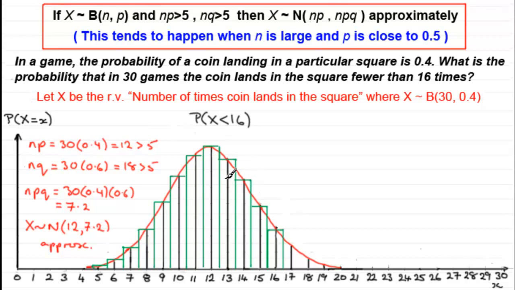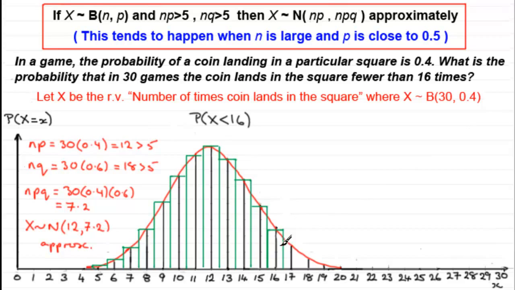And I'm assuming that you're familiar with continuity corrections. I'll talk briefly about it here, but if you click on the link that you'll see down here, then you can go directly to the tutorial that gives you information on continuity corrections.